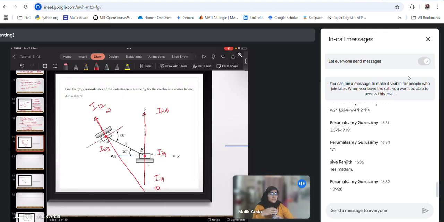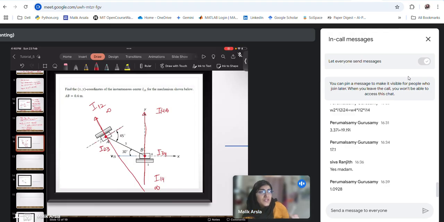This should be the length PV, right? So now you have to find the coordinates also. So can you explain how you did it? Where should the point P lie?